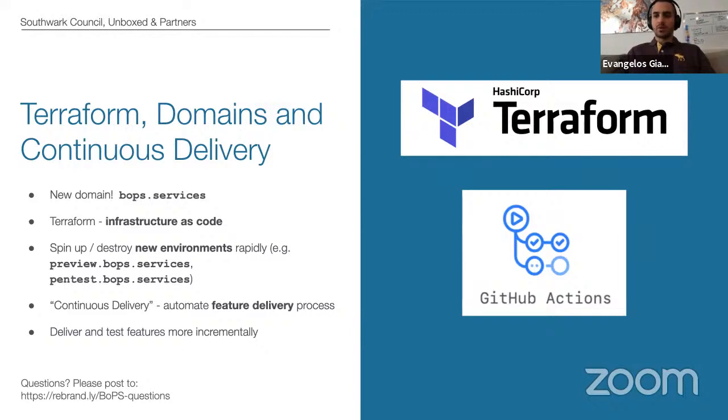That means that now we have our infrastructure as code, which enables us to spin up more environments rapidly. In addition, we also bought the domain BoPS.services in order to map our services. And right now we have 2 environments under this domain.